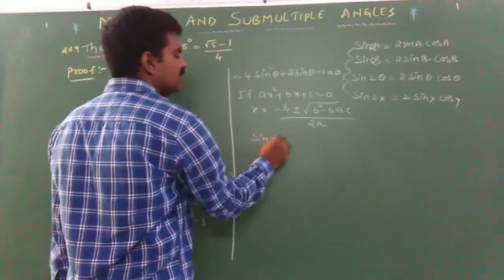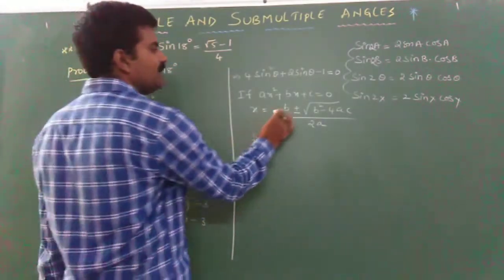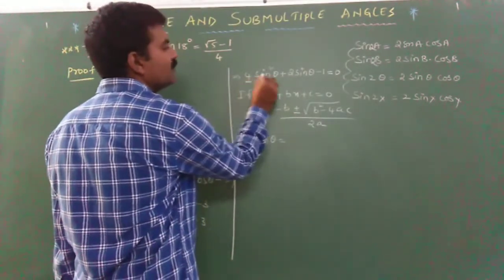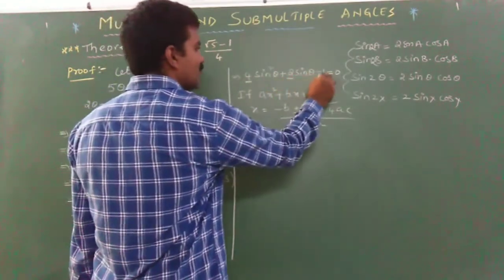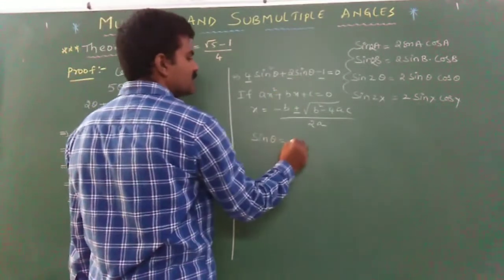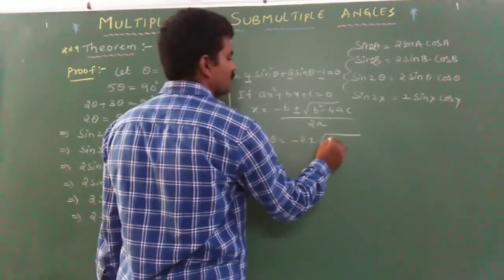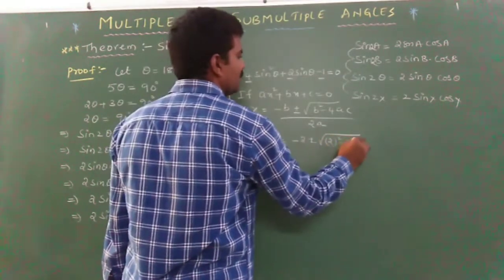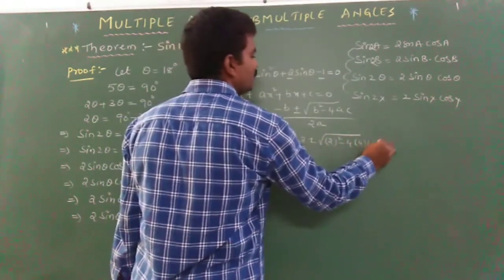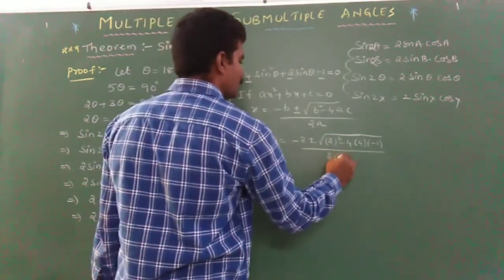So sine theta is equal to, tell me, minus b. The a value is 4, b value is 2, and c value is minus 1. Substituting, minus 2 plus or minus square root of 2 whole square minus 4 into minus 1, whole divided by 2 into 4.